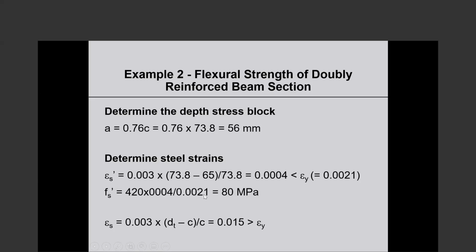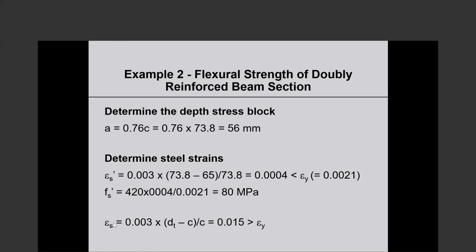This is again kind of a straight line interpolation. At 0.0021 strain, the stress would be 420 MPa. At 0.0004 strain, what is the stress? And the answer is 80 MPa. So in the compression reinforcement, we have a stress of 80 megapascal, although the yield strength of that reinforcement is 420 MPa.